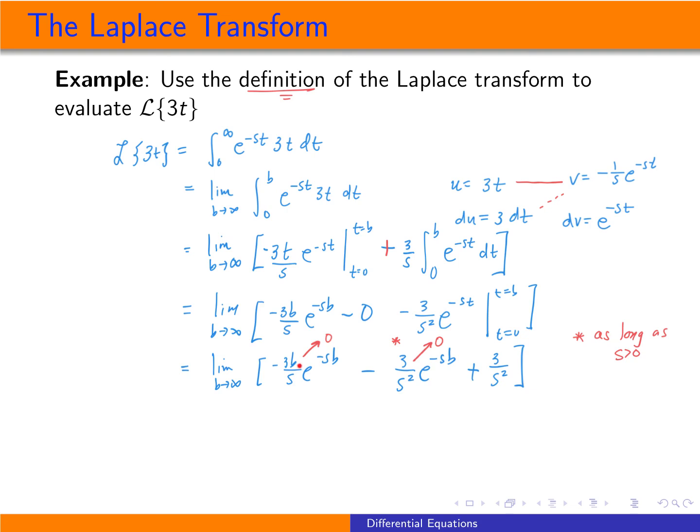And note, because there's this b e to the minus sb, we don't need to do any work or really provide any justification, but that follows from L'Hopital's rule. What we end up getting is just that 3 over s squared left over because it is a constant with respect to b. And this is an example illustrating how we can use the definition of the Laplace transform to find the Laplace transform of some given function.